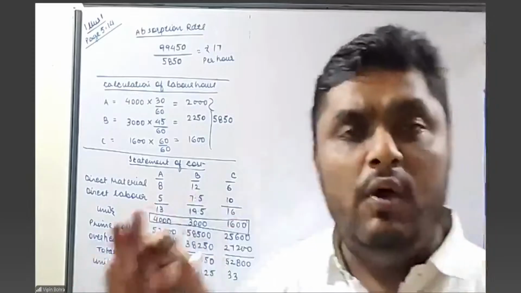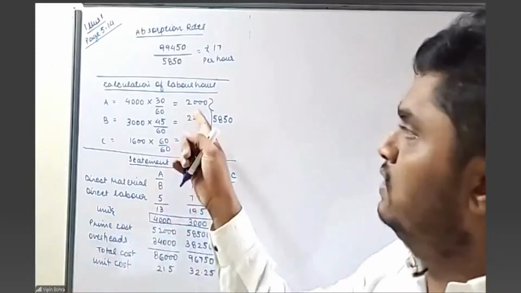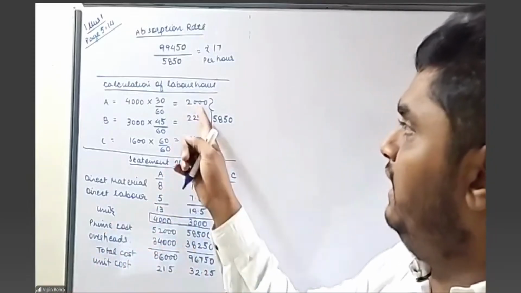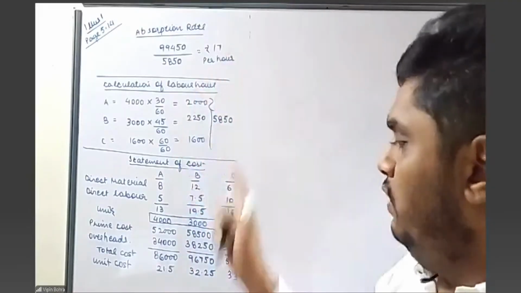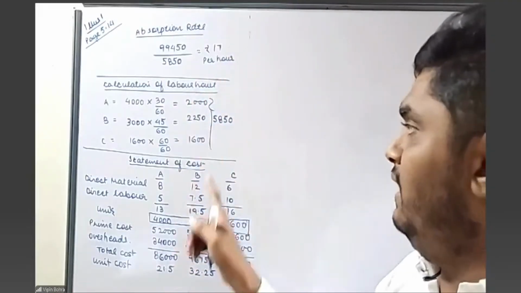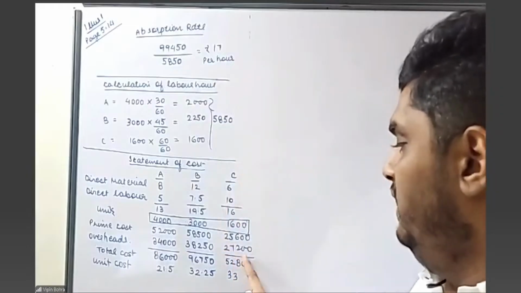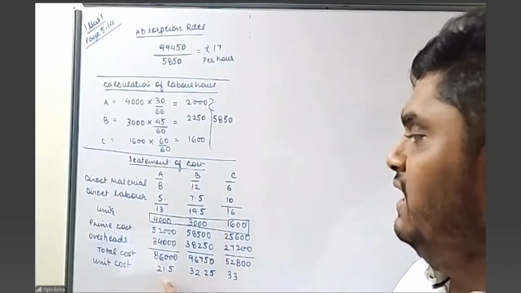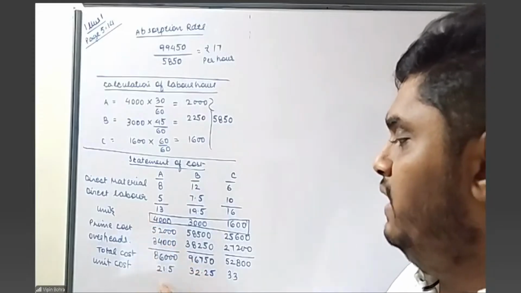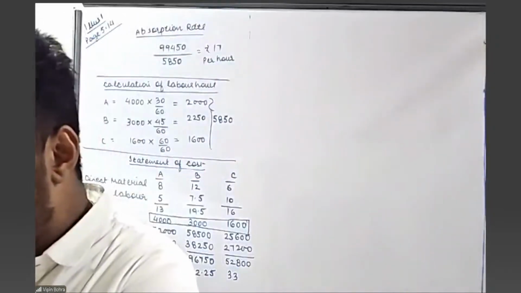Since we are absorbing the overheads on the basis of labor hours, so 2000 labor hours for product A into 17, similarly 2250 into 17, and similarly 1600 into 17. So this is how we get the overheads, and this is how we will calculate the total cost. If we divide the total cost by units, we will get the cost per unit. Anyone having any doubts or queries?